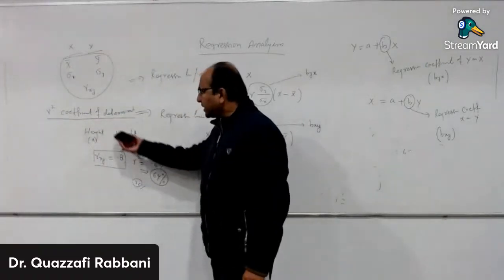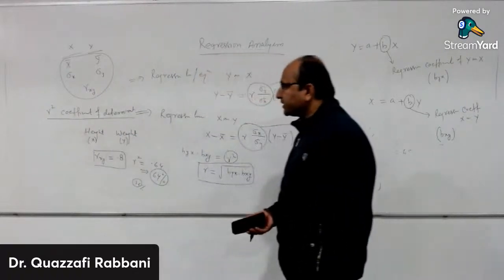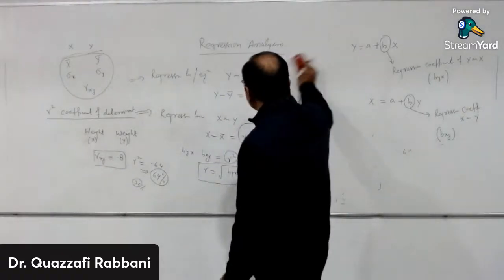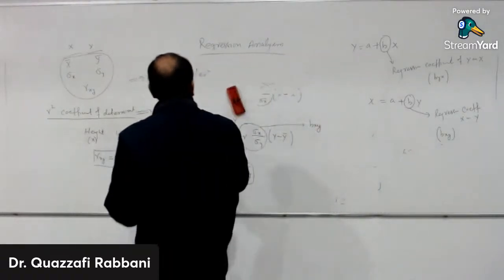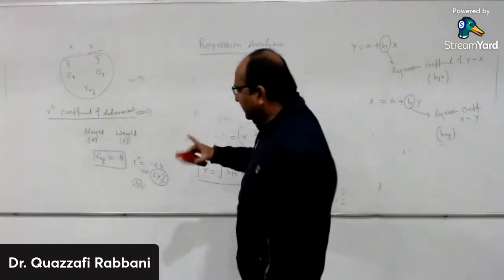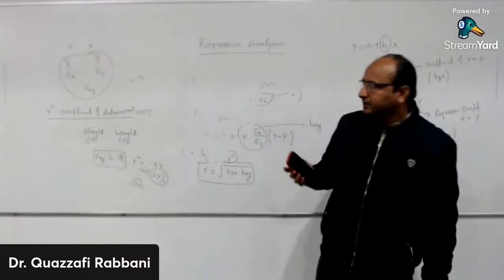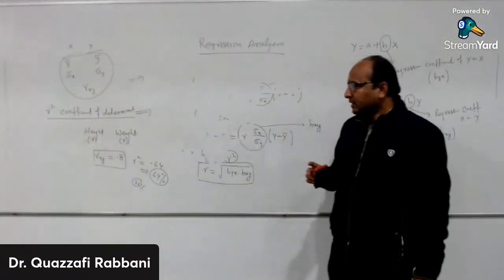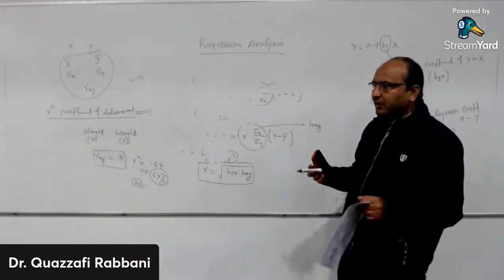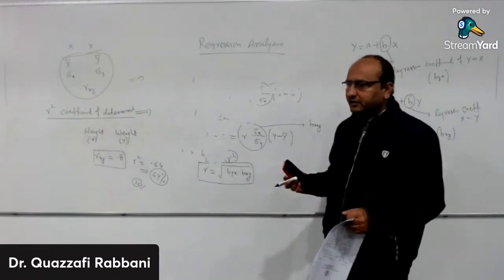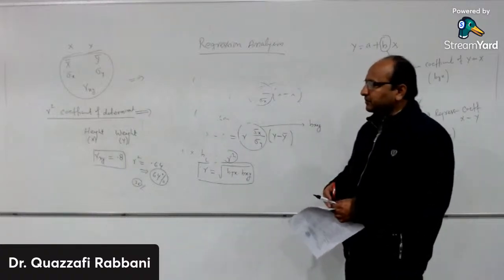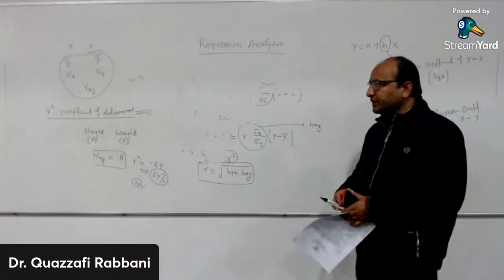So this is R square, that is the coefficient of determination. The basic difference between R and R square: R only shows the degree of association, how strongly or weakly the two variables are correlated. But R square shows what percentage of variation in the dependent variable is due to the independent variable.